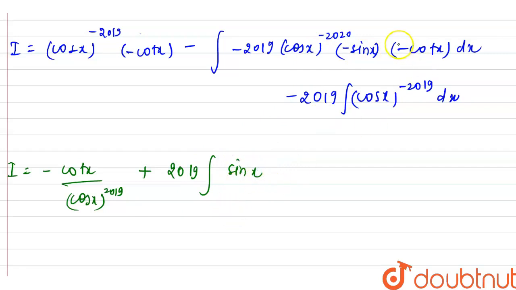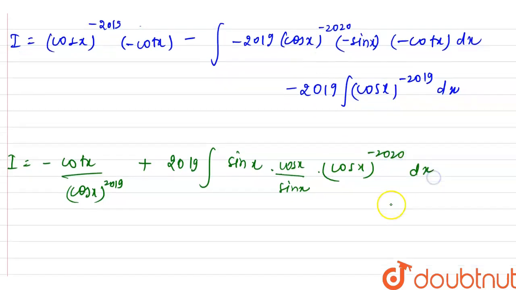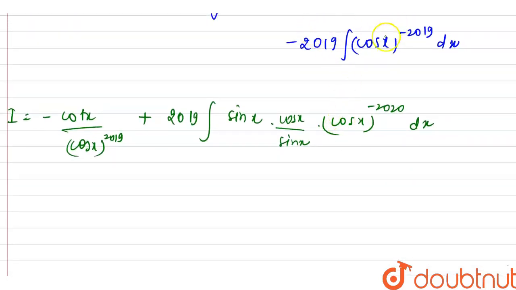This is sin x, and I'm writing cot x as cos x over sin x, with cos x raised to the power minus 2020, and here we have dx. Now the final term is minus 2019 integration of cos x raised to the power minus 2019 dx.